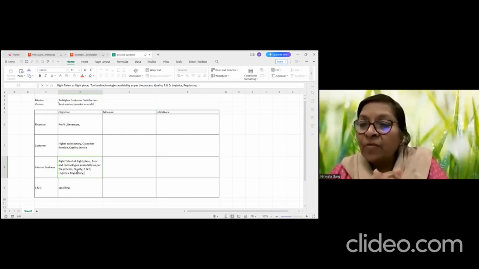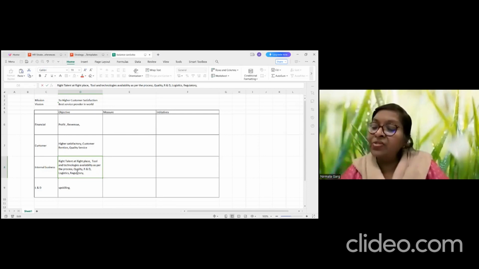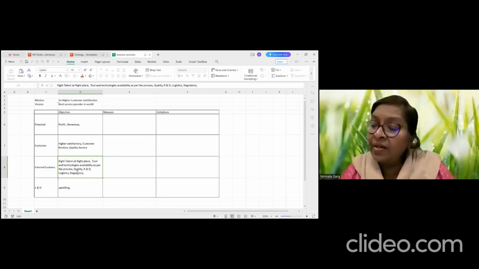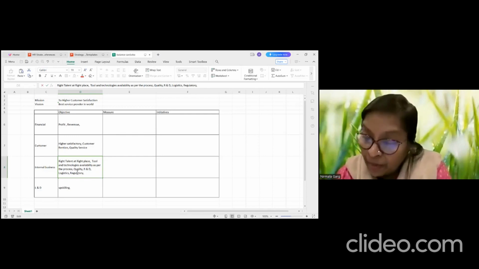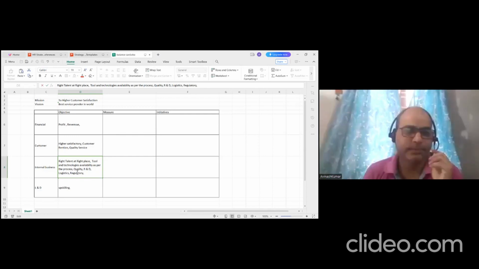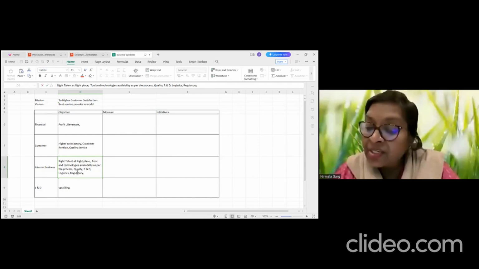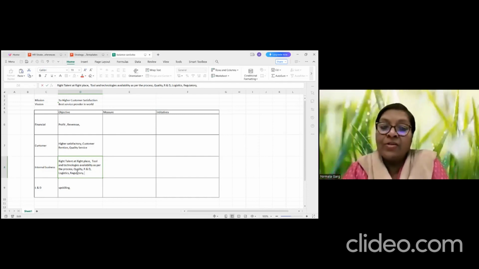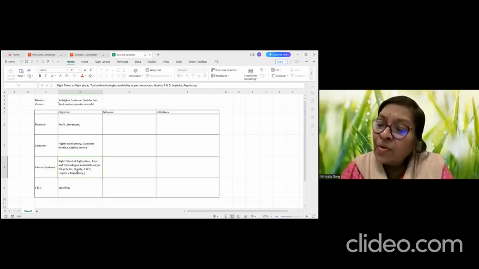Toyota belongs to a value discipline of operational excellence, where they believe in quality and operational efficiencies. They create a product for the customer which satisfies in terms of customer retention, customer loyalty, etc. So what will they keep looking at?